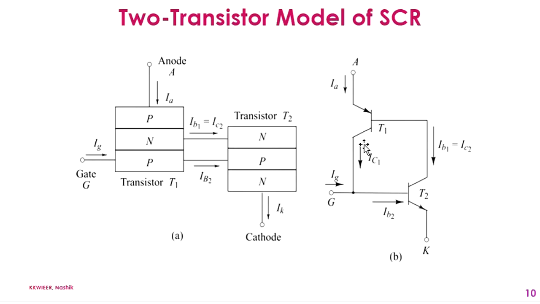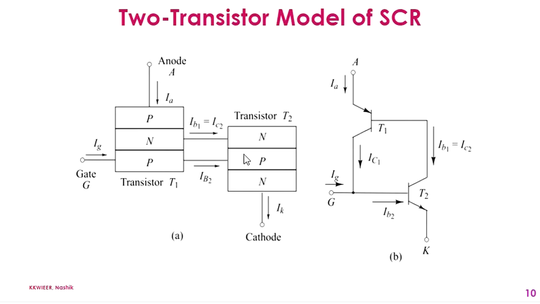Here this collector is connected to the base of transistor T2 and the collector of T2 is connected to the base of T1. This kind of structure is known as the two transistor model of SCR. This model is obtained by splitting the two middle layers of the SCR into two separate parts.